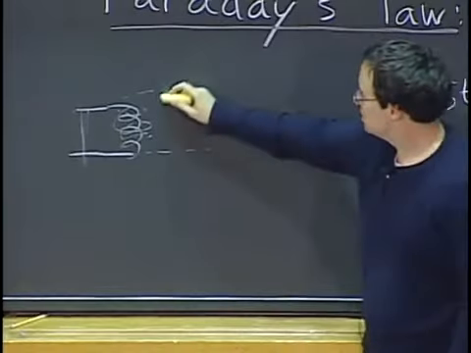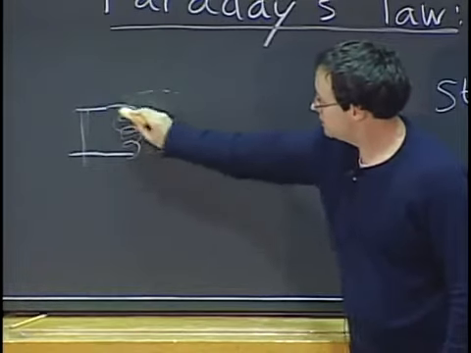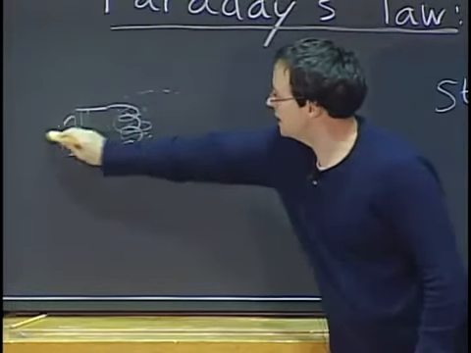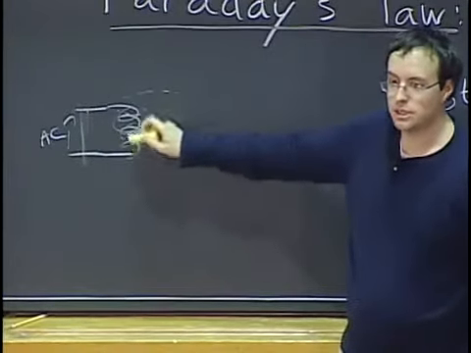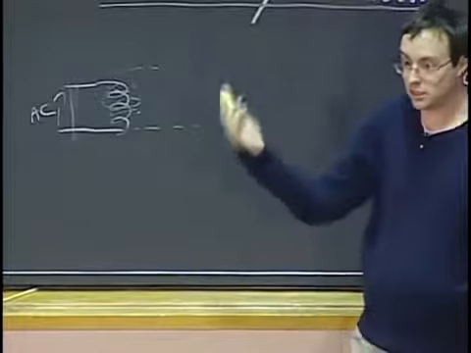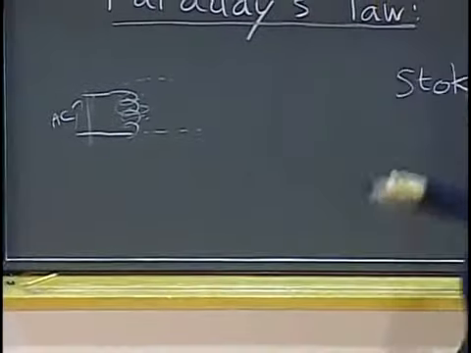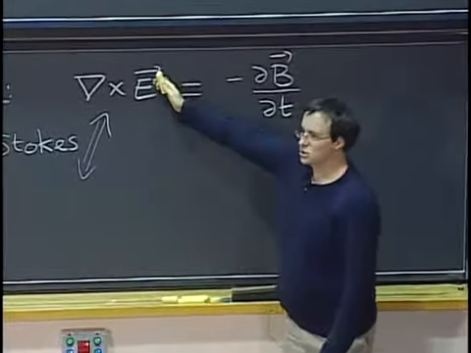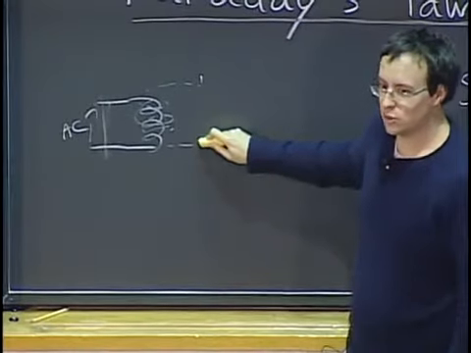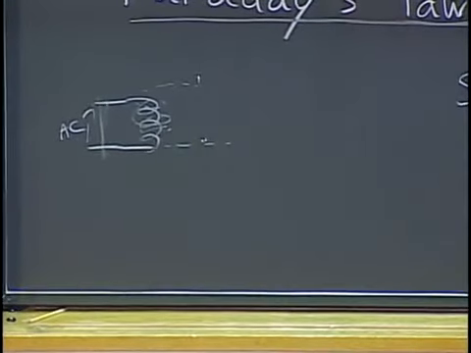And somehow the magnetic field generated by, so it has to be alternating current. The alternating current varies over time in the first wire, and that generates a magnetic field that varies over time. So that causes dB by dt, and that causes curl of the electric field. And the curl of the electric field will generate voltage between these two guys. And that's how a transformer works. It uses Stokes' theorem.